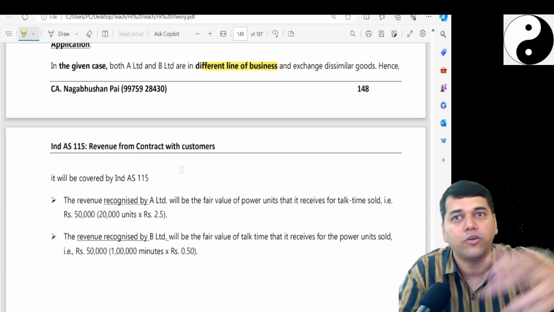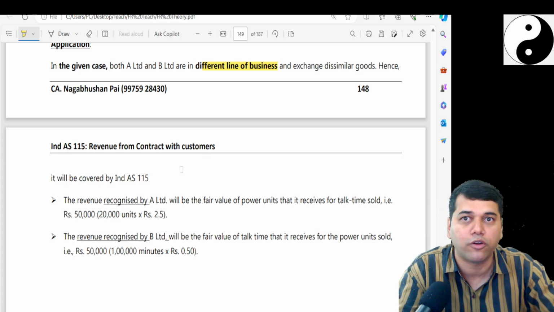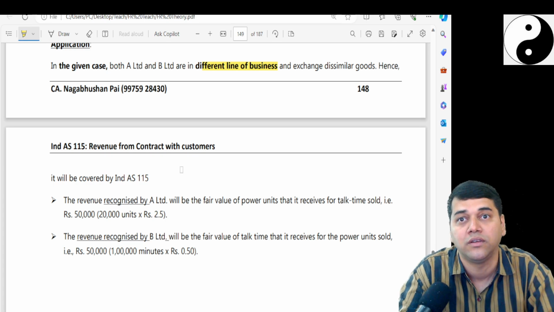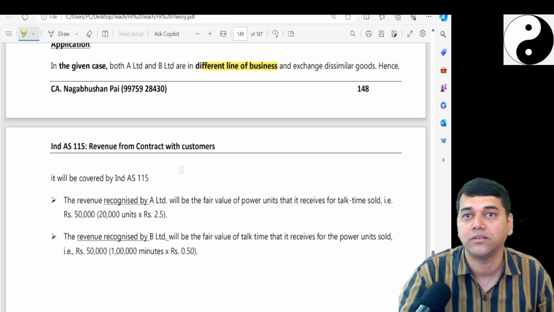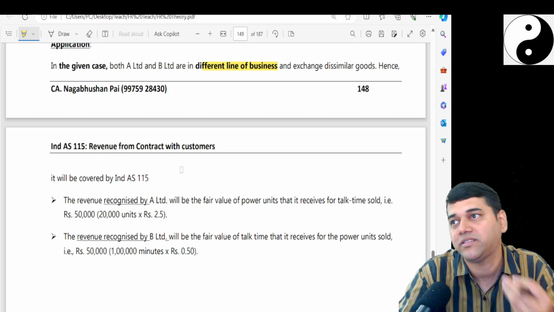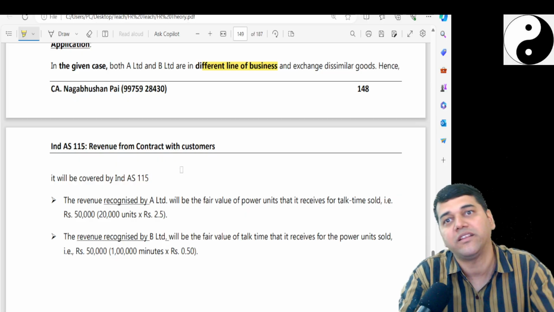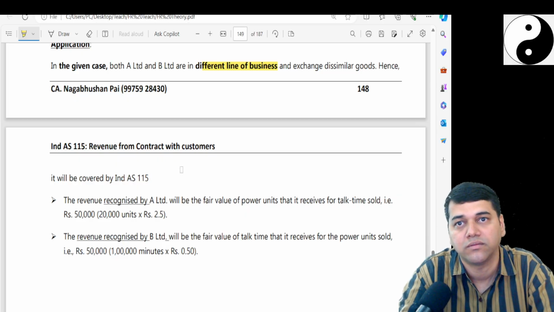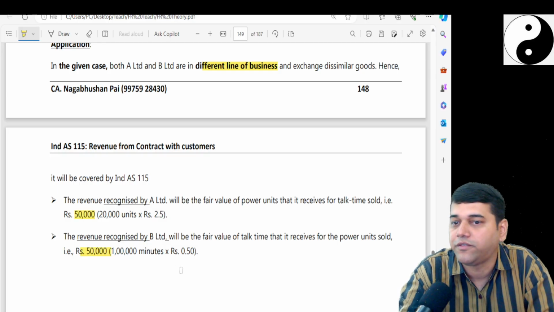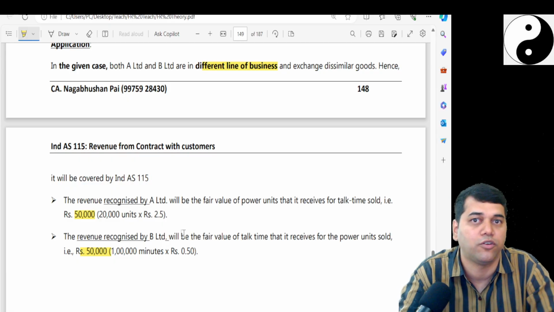When a shop owner takes the shoes, will he not keep a record of how many shoes he has taken? They will keep it, but they will not pass a revenue entry. They don't say that I have made a sale today. Why? Because he knows that at the end of the day, he will not get cash for the sales. He will get a replacement of whatever he has given. So the revenue to be recognized is 50-50. Otherwise, it is going to change. Follow, no?